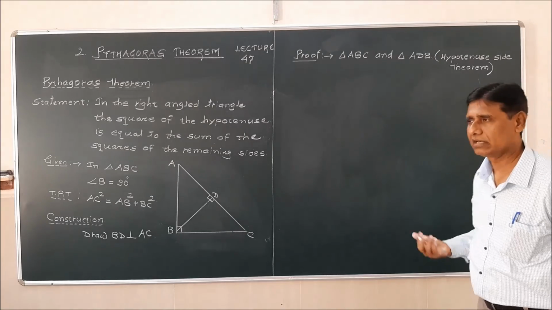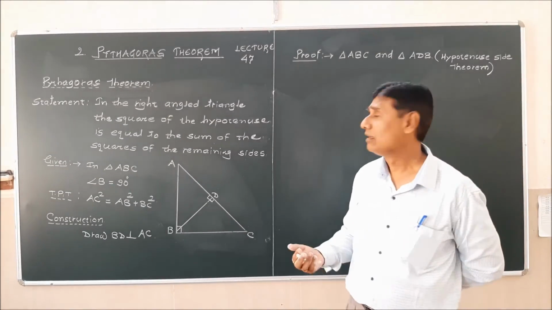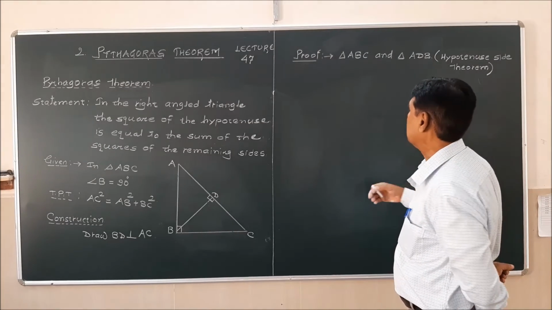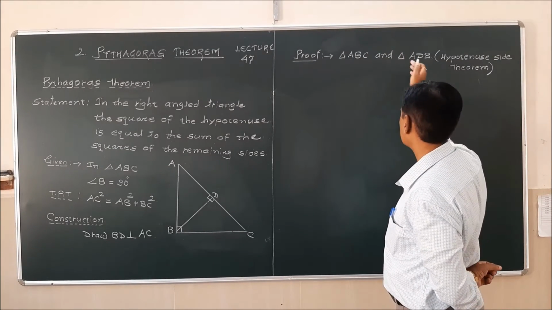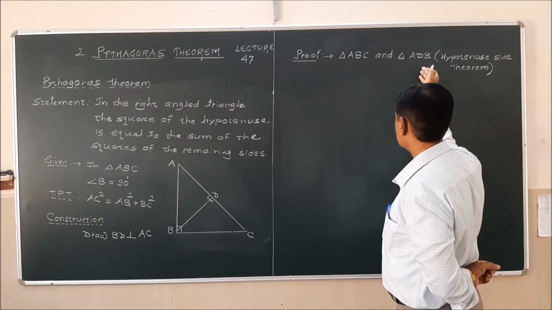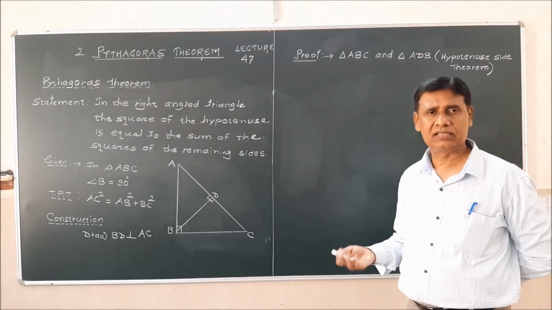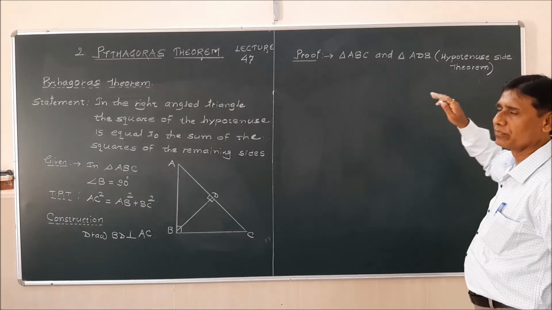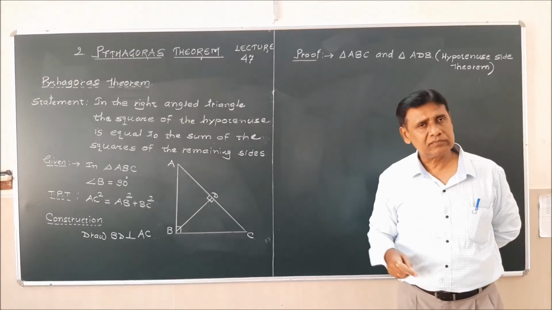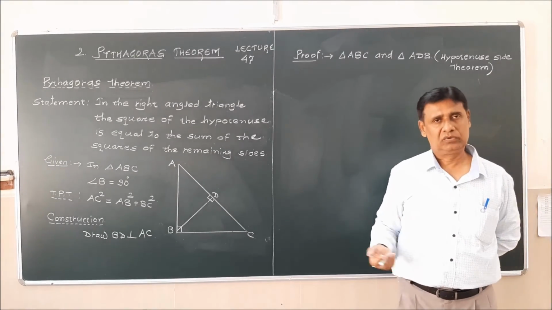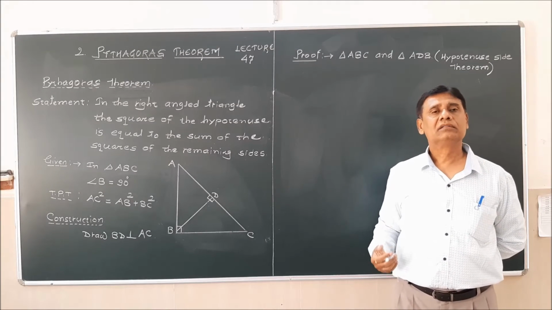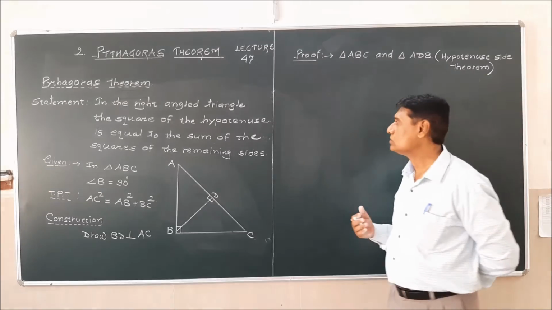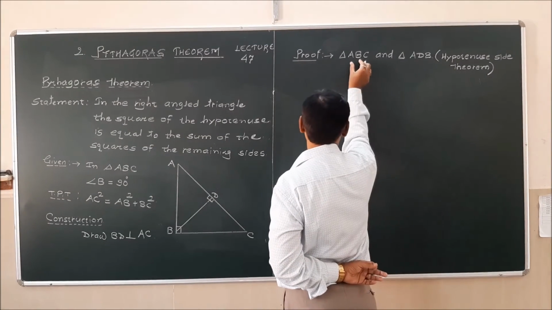I am not going to write in too much detail. There is no need to prove that angle A is congruent with angle A, angle B is congruent with angle C. You can directly write here hypotenuse side theorem. And once triangles become similar, the ratios of their corresponding sides are equal. So that word corresponding is important.